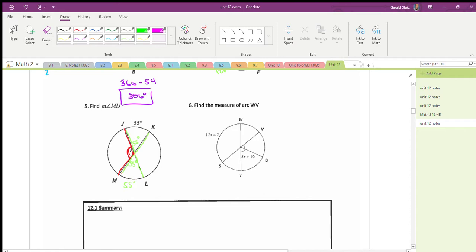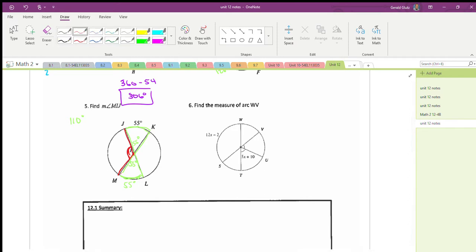So now I know these two green parts right here, these green arcs, are 55 and 55, so that adds up to 110. So that means the rest of the circle, if I do 360 minus 110, I get 250.